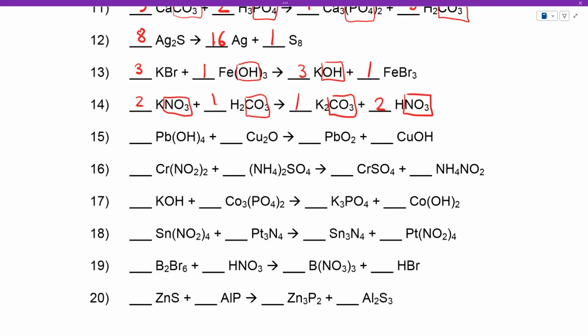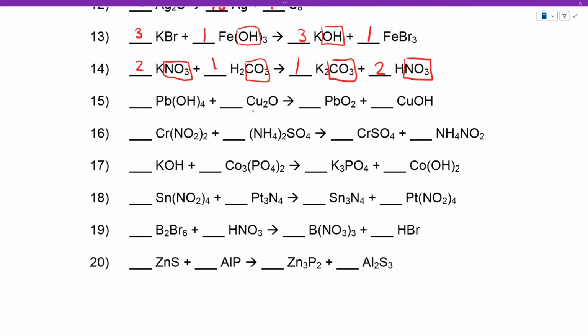So let's double check. 2 potassiums, 2 potassiums, 2 NO3s, 2 of these NO3s, 2 hydrogens, 2 hydrogens, 1 CO3, and 1 CO3. And the equation should be balanced.